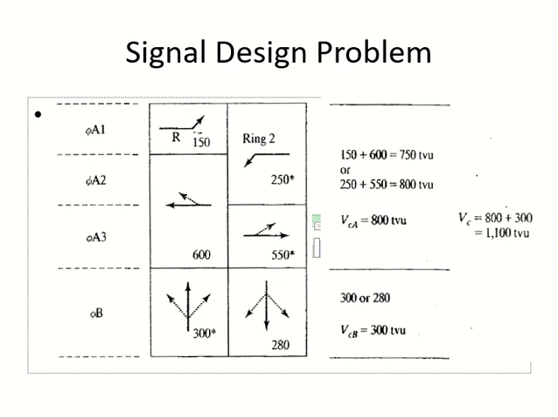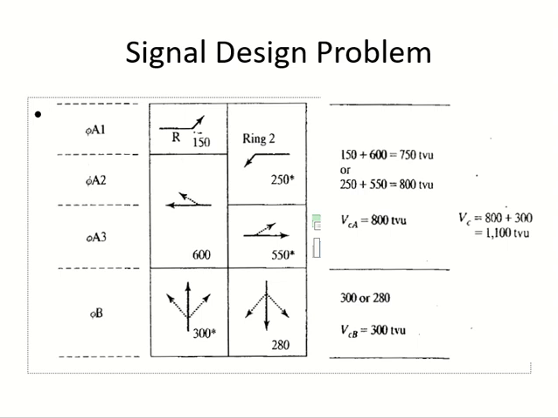If you look at the sequence on your right hand side, 250 plus 550, total 800. Which one is higher? 800. So for designing our signal, I'll pick this sequence, not this one. Clear? Okay. So my total volume is 300 from here and 800 from here.